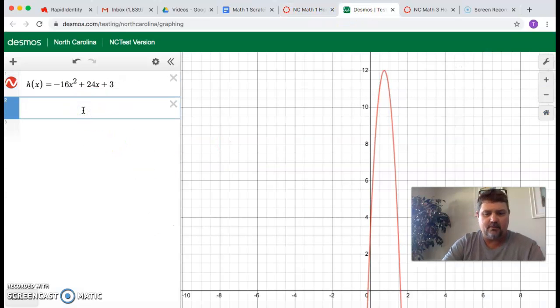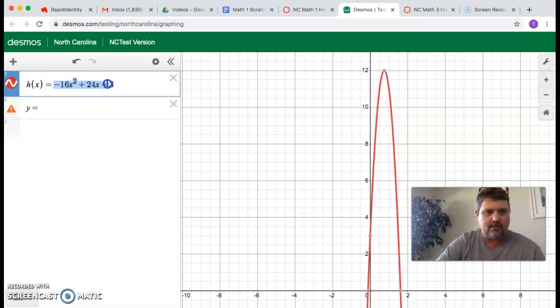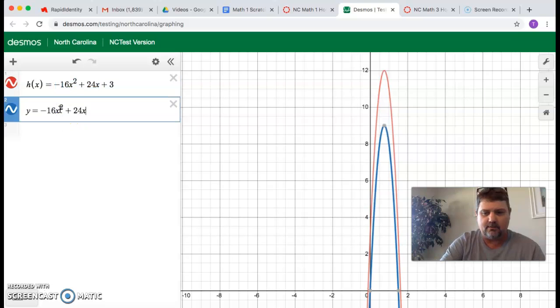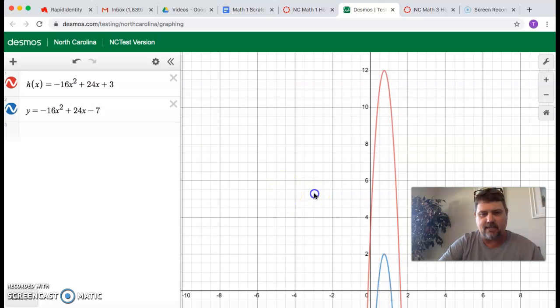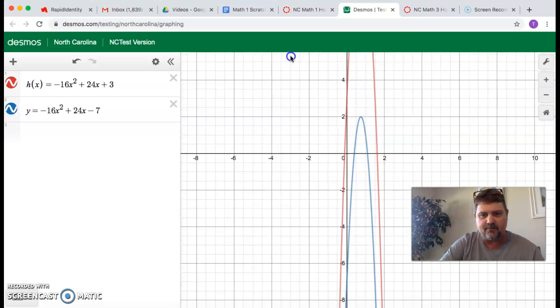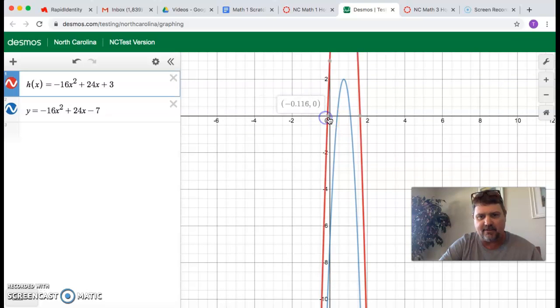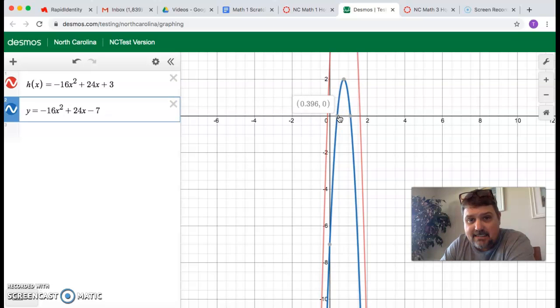Now we'll go to my Desmos and check this out. We want to know when, so we're going to type in the related function. I'm going to copy and paste it right here and just change that to a -7. Okay, when's that going to happen? It's happening in two different places, it looks like. And remember, solutions are the x-intercepts. So it happens at 0.39 seconds.